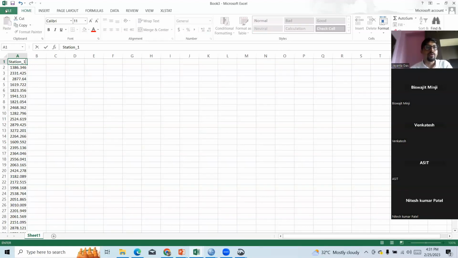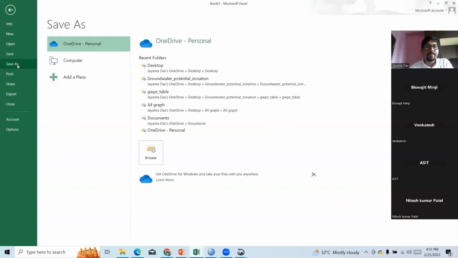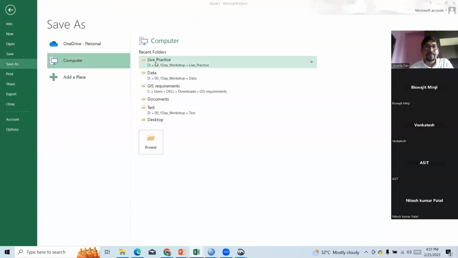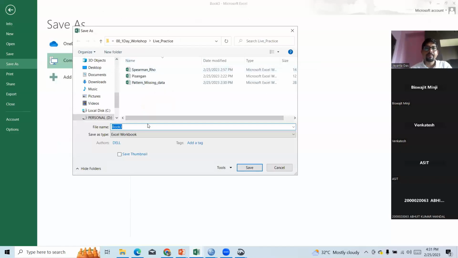Just save it: go to file, save as, my computer, live practice, data for MK.